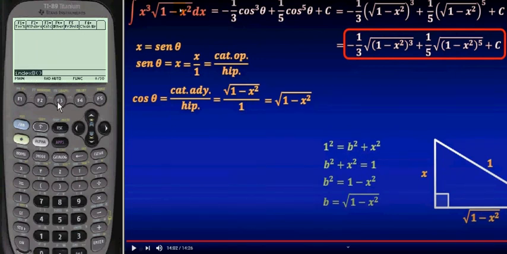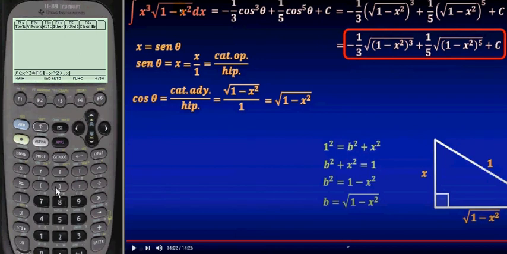Let's go here, F3, number 2, to get integration. And we're going to put the function in. X cubed times square root of 1 minus x squared, and with regards to x you have to put the comma x, because that's what we're differentiating with respect to.